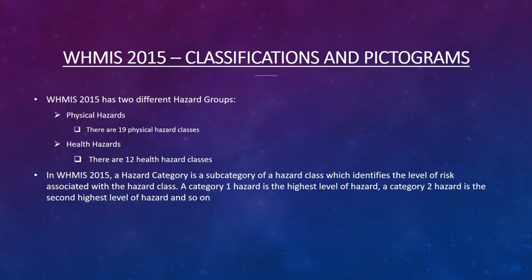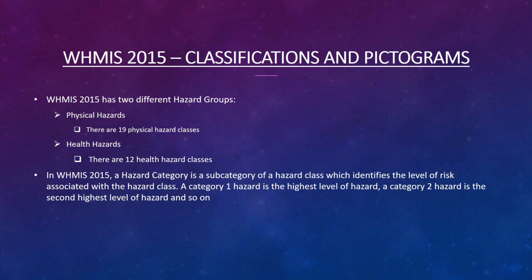WMIS 2015, Classifications and Pictograms. WMIS 2015 has two different hazard groups. Physical hazards: there are 19 physical hazard classes. Health hazards: there are 12 health hazard classes.